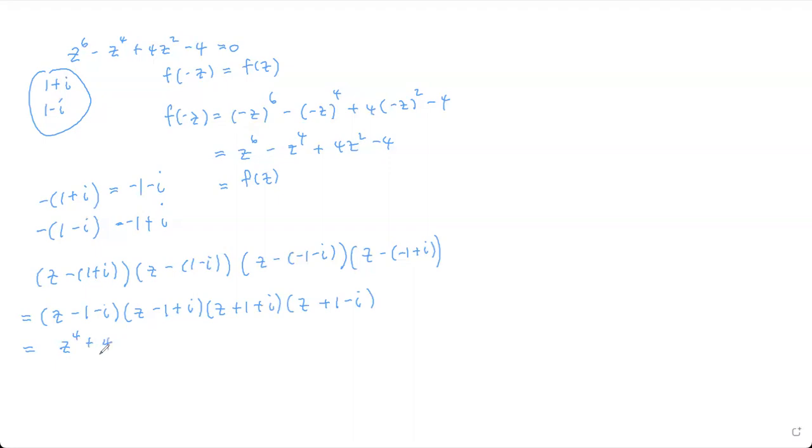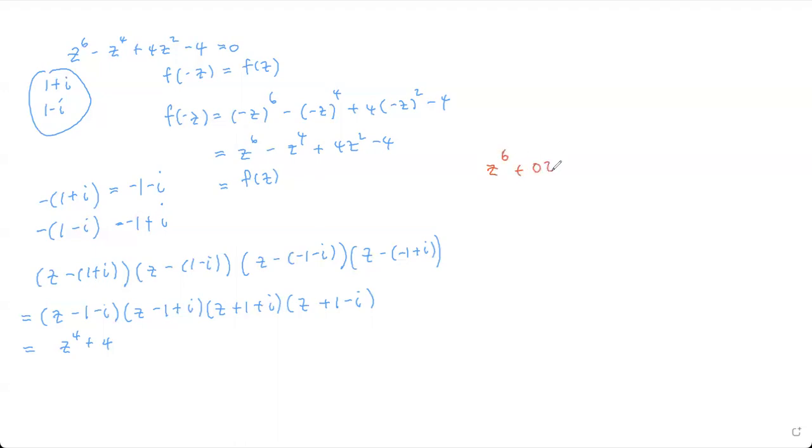How do I get the other quadratic factor? The whole polynomial is degree 6 and this is z^4, so there's another quadratic factor. I could do a long division. So this is z^6.